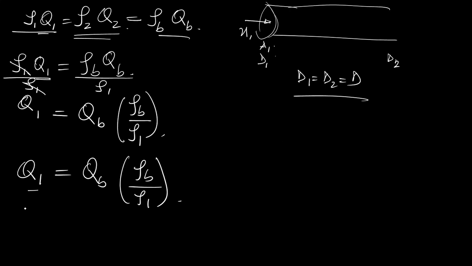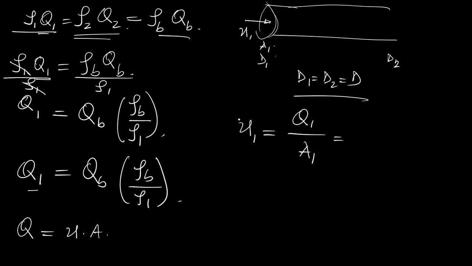Now that means the flow rate is equal to the velocity times area. And we're looking for velocity at section 1. So velocity at section 1 will be equal to the flow rate at section 1 divided by the area at section 1.